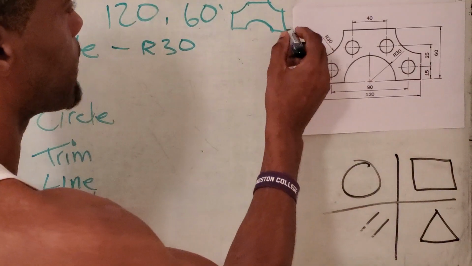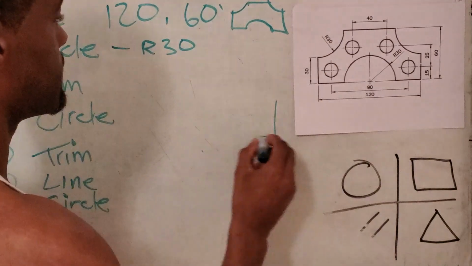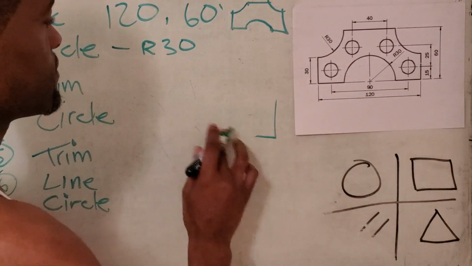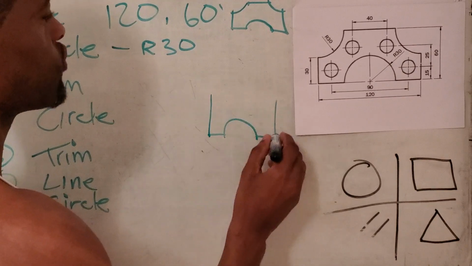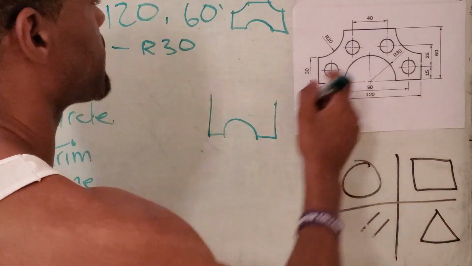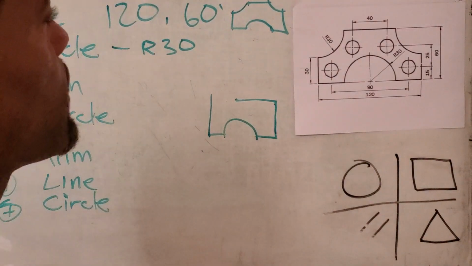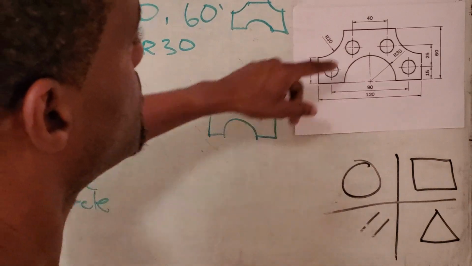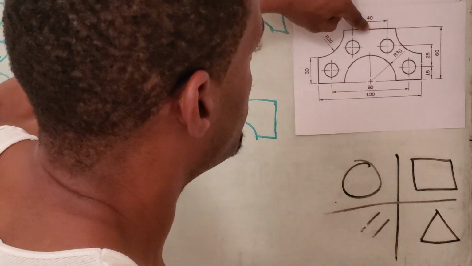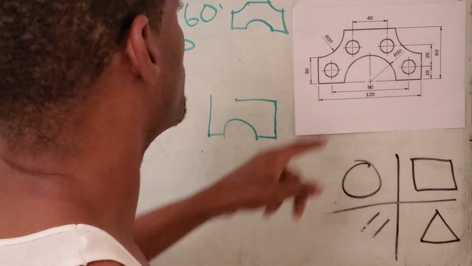So from here we draw a line up 40 and out at a certain distance. So line here up and out.